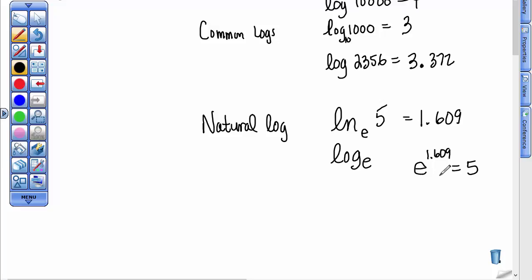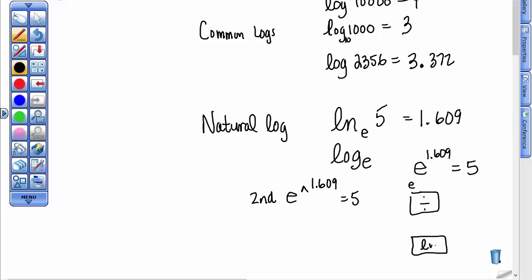If you look above your division key on your calculator, in the upper left corner is a little e. So if you went second and then e and then a caret key and 1.609, you'd get the number 5. Also, above the ln key is an e to the x key.